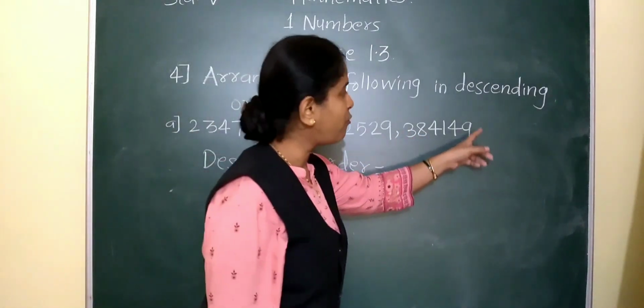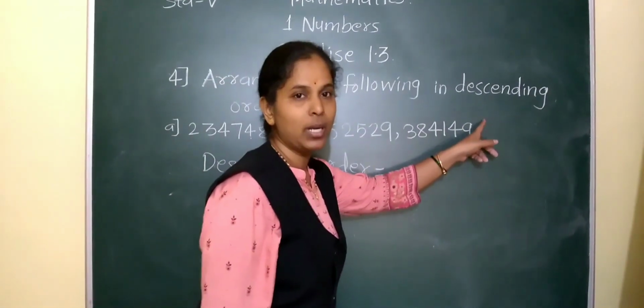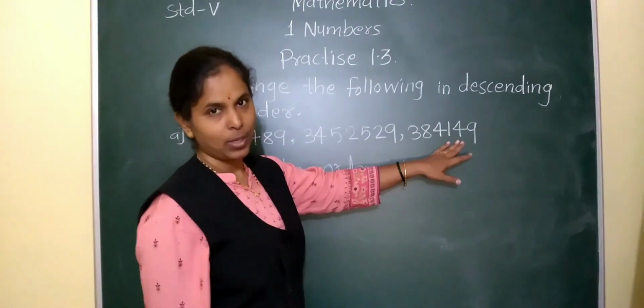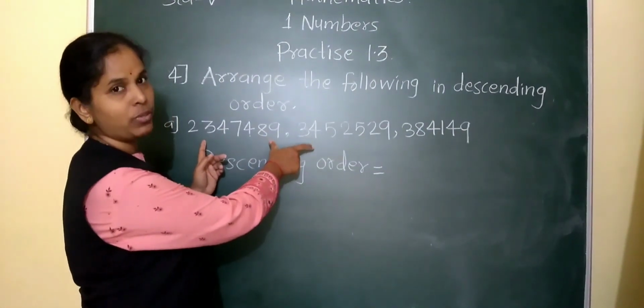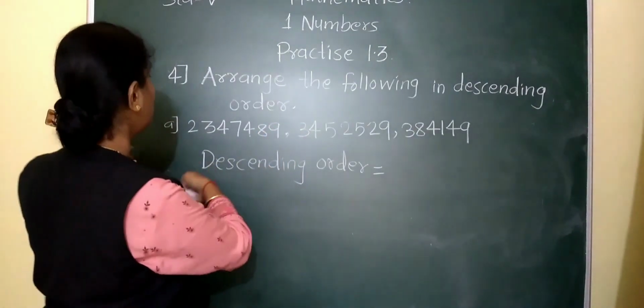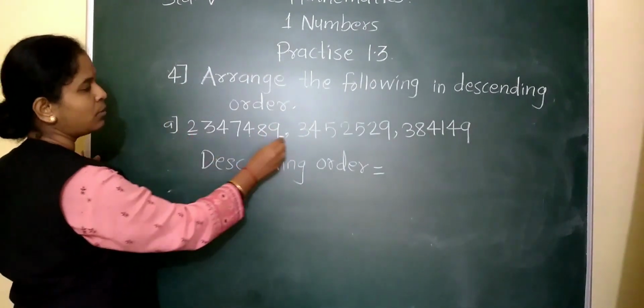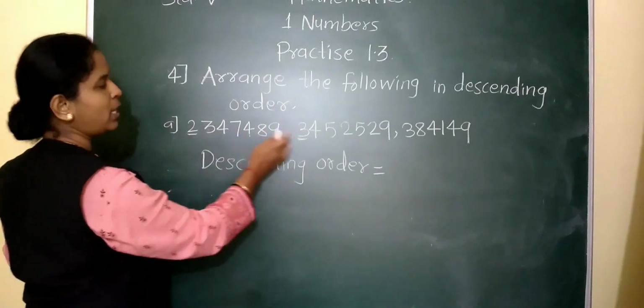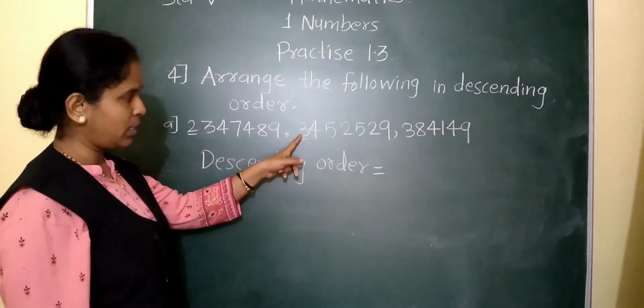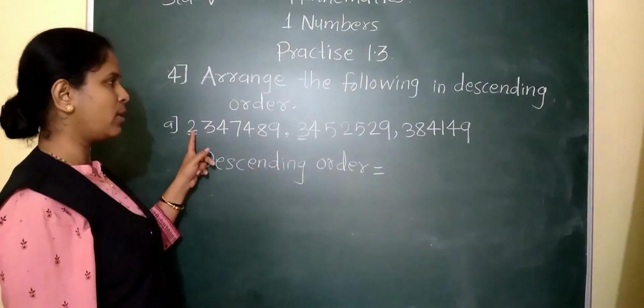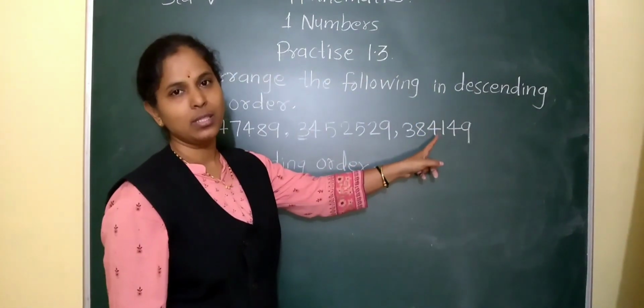Means these two are 7 digit numbers and this is 6. Means it is confirmed that this number is the smallest number, correct? And now from these two, we have to find out which is the greatest number. Now look at the first digits. Here 2 is there, here 3 is there. So which is the greatest one? This is the greatest one. Then this number will come and this smallest one is this.